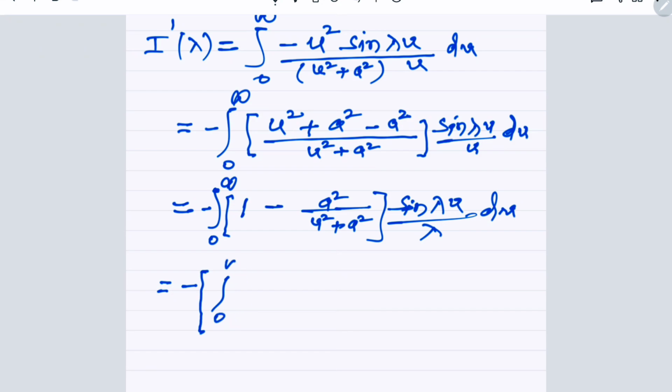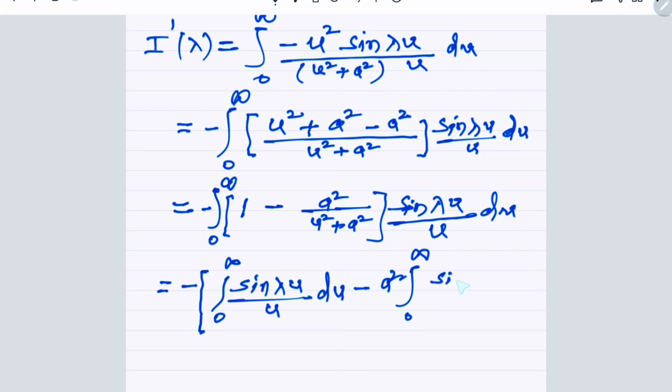Multiplying inside, we get first integration from 0 to infinity sin lambda u upon u du, minus a square upon u square plus a square, sin lambda u upon u into u square plus a square with respect to u.